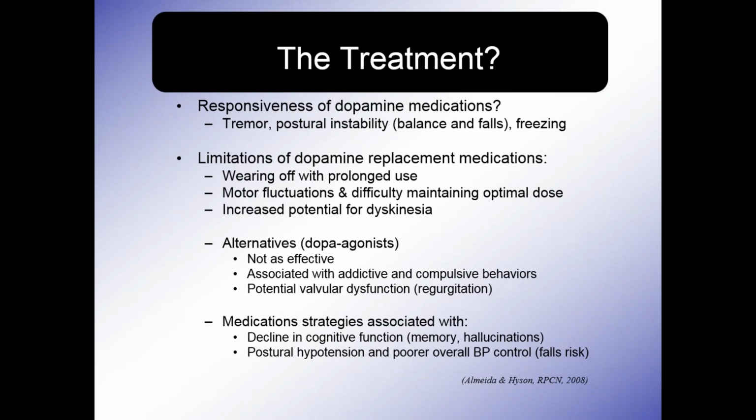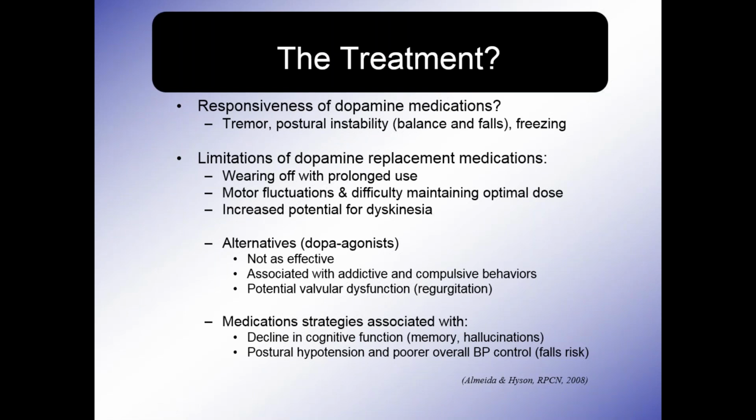As I've been hinting, in most cases, it is critical for you to be working with your physician to be able to optimize how your meds are being used. If they are not being well managed, then of course we have these other issues that we can start to worry about, things like wearing off with prolonged use, motor fluctuations, difficulty trying to maintain that optimal dose, and avoiding things like dyskinesia.